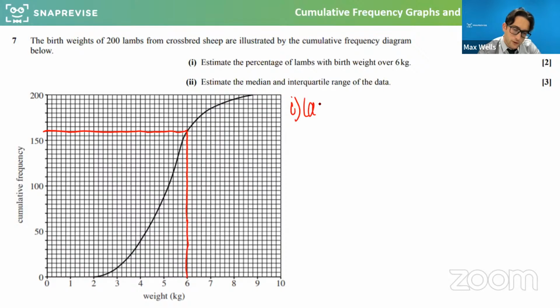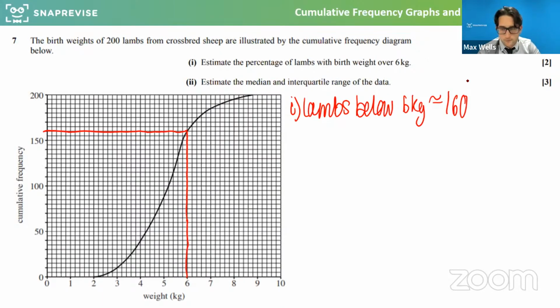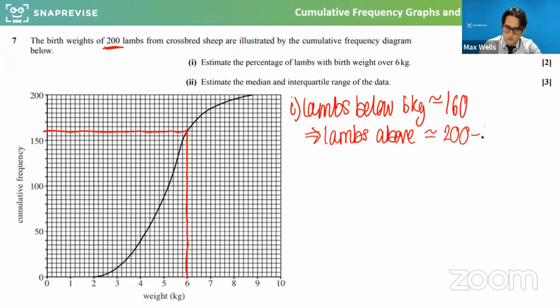lambs below 6 kg would be approximately 160. So in terms of how many above it, given that we're dealing with 200 lambs, now it does say estimate the percentage.